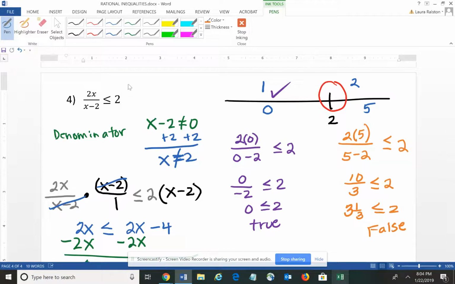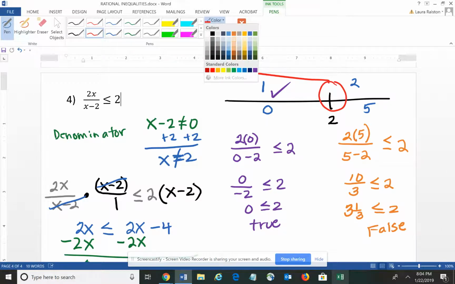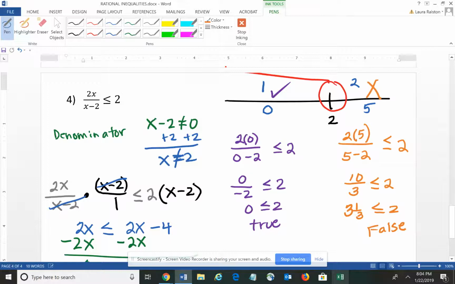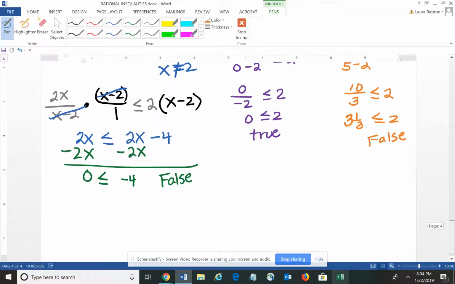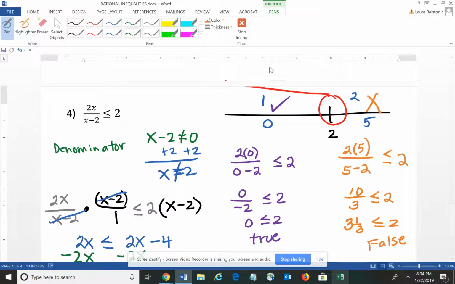So we want to use any value that is below 2, okay? Or to the left of 2. But the 2, in this case, even though it could be equal to 2, we do not include that endpoint because the value of exactly 2 causes the denominator to be 0.